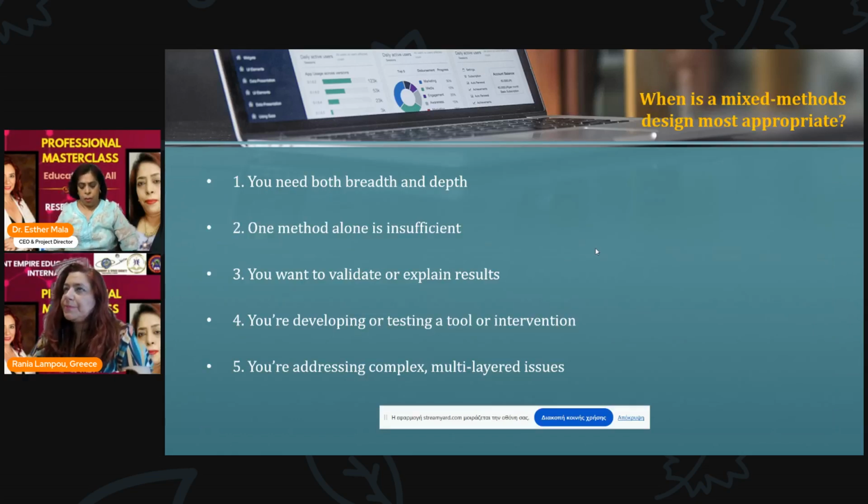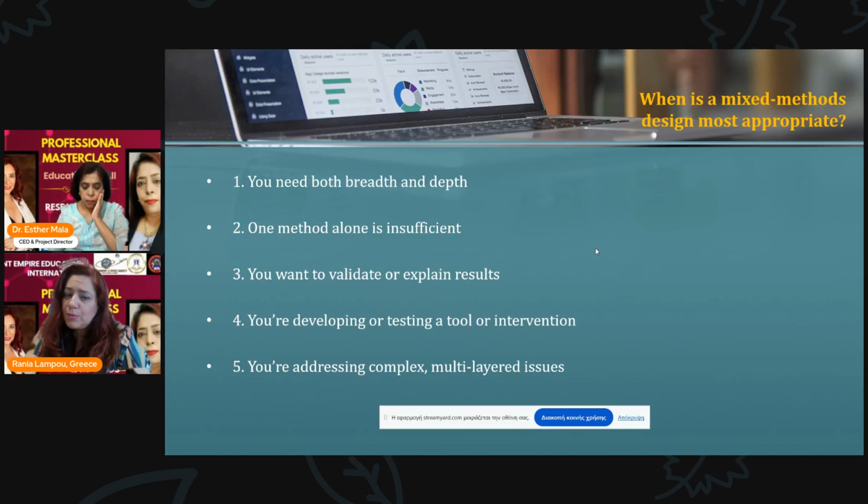Now, the third most important research design is the mixed method design, which is most appropriate when a research question requires both quantitative and qualitative data in order to gain a comprehensive understanding of a problem.